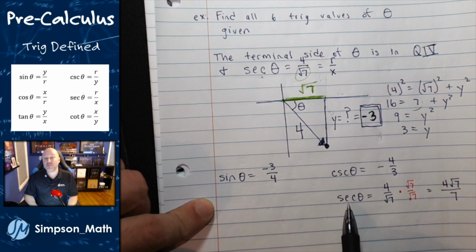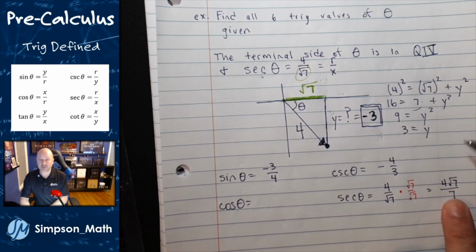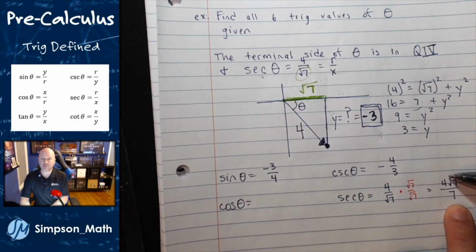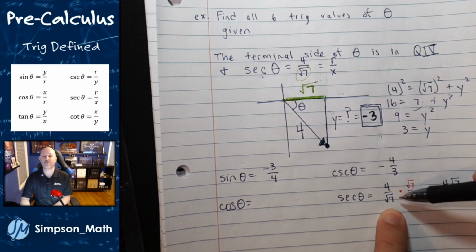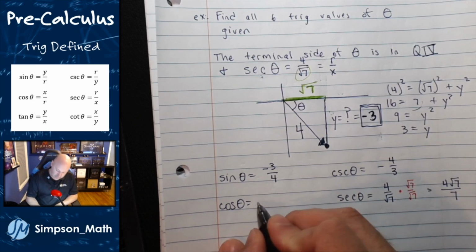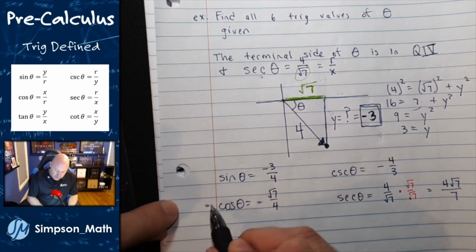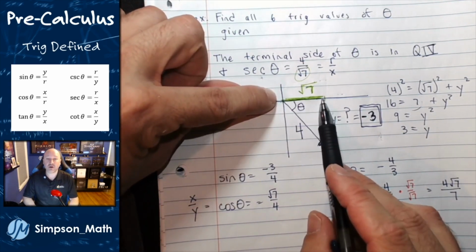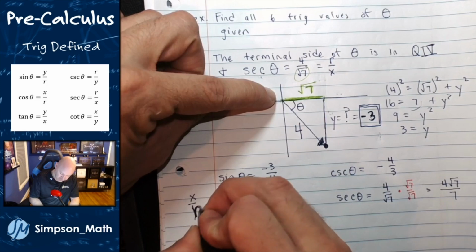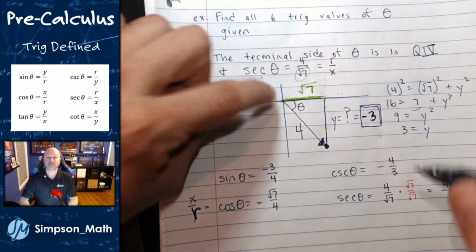Now when I go to reciprocate secant to get my cosine, I am not going to reciprocate this version. This will put a radical back down in the denominator that I would have to rationalize. I don't want to do that. I think I'll just take this form, 4 over root 7, reciprocate it to get root 7 over 4. Or I could use the definition. Cosine is defined as the x value over the r value. So that's the root of 7 over the radius 4.